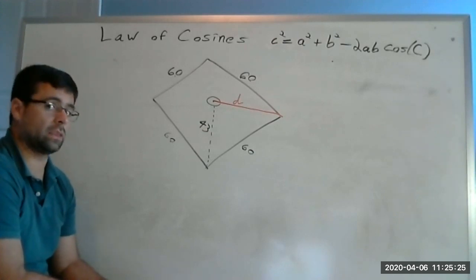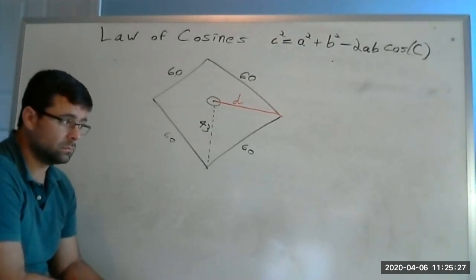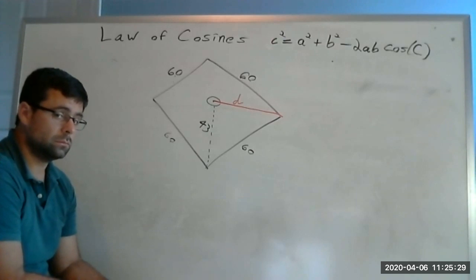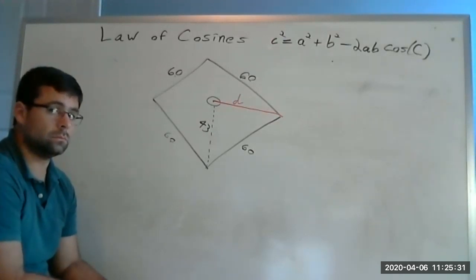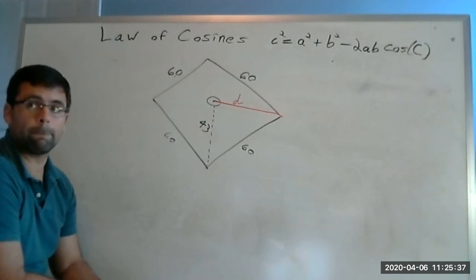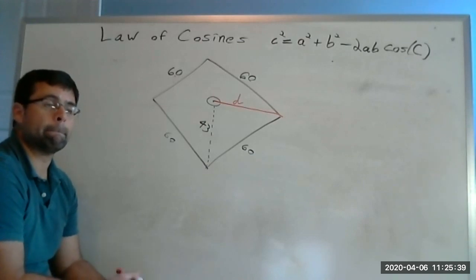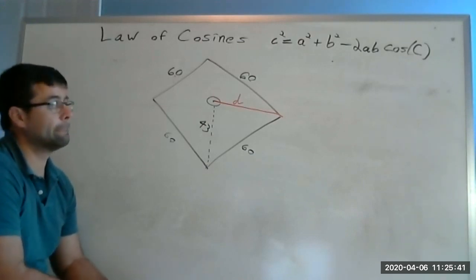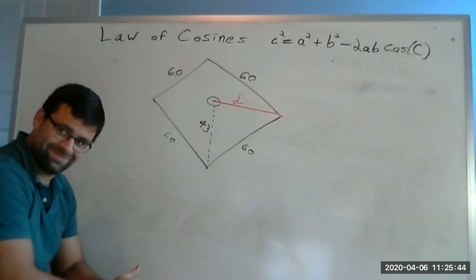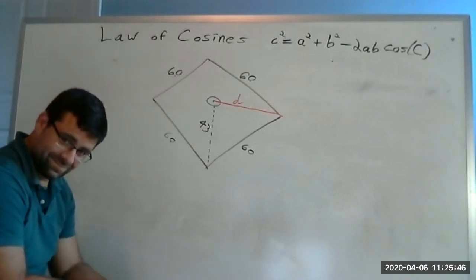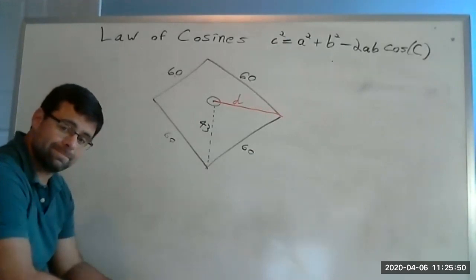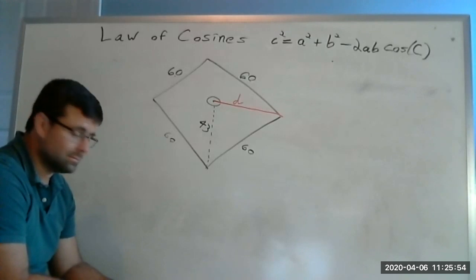Do we need the length of a side? Okay, so would that be a right triangle?